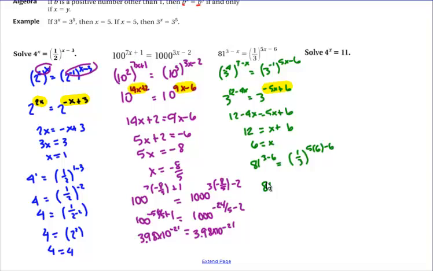And so you're looking at 81 to the negative 3 equals 1/3 to the negative 24th. So punch that into your calculator and make sure everything works out right.